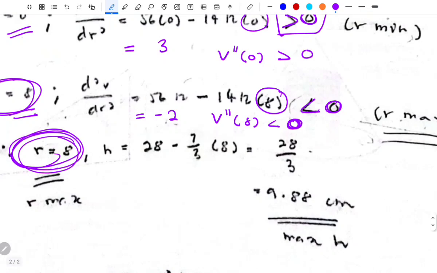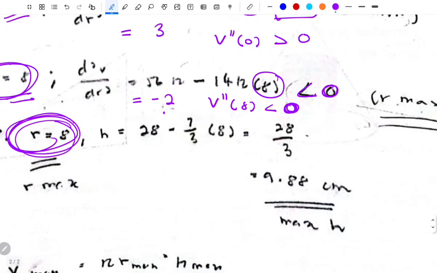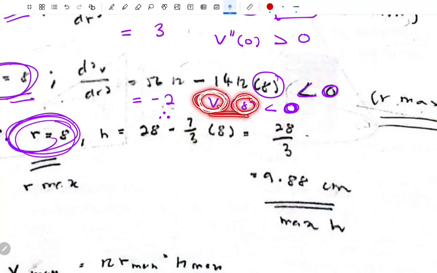Then I'm going to proceed. I'm going to conclude that the volume is maximum, because this one represents the volume. The volume is maximum when r is equal to 8. So r equal to 8 is the maximum.